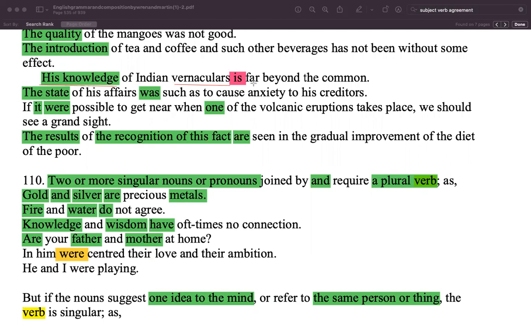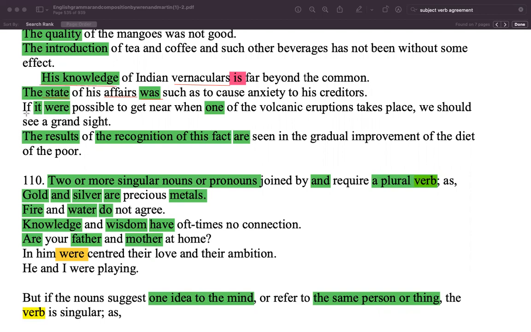Because knowledge is far beyond the common, not that vernaculars is far beyond the common. Similar to that, the state of his affairs. Affairs is plural, which is nearest to the verb. But at the same time, the verb follows whom? State. The state of his affairs was such as to cause anxiety to his creditors.